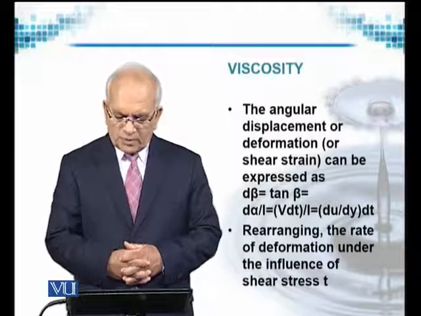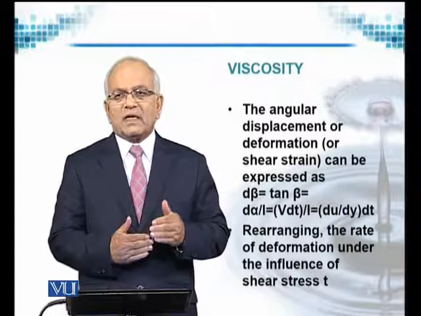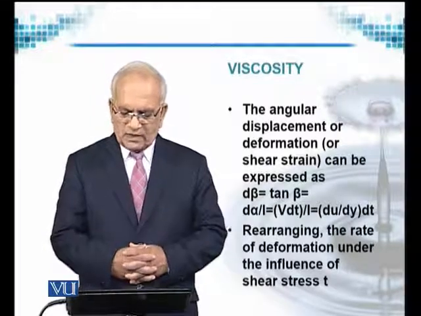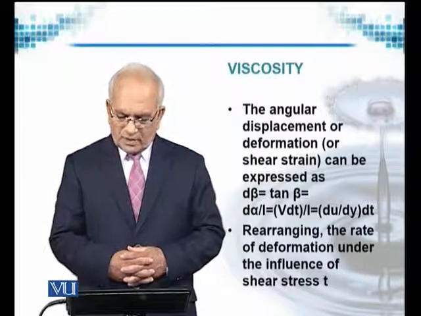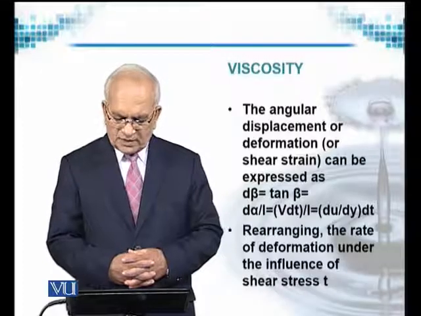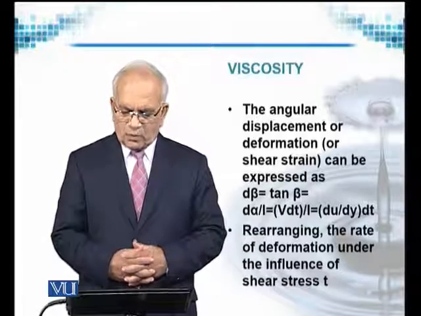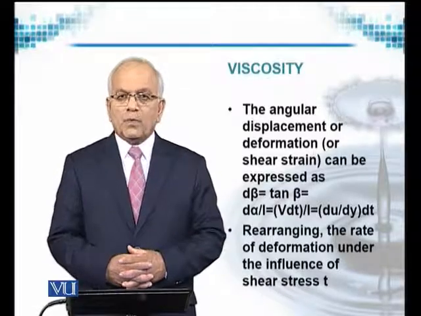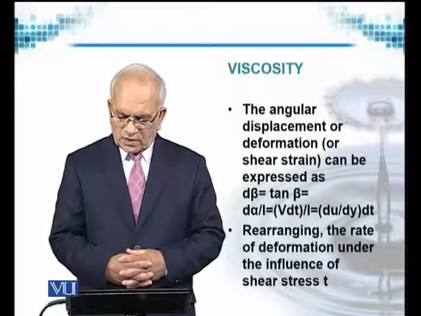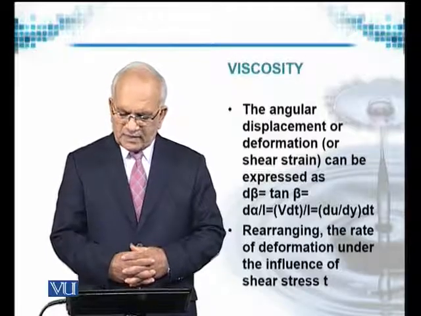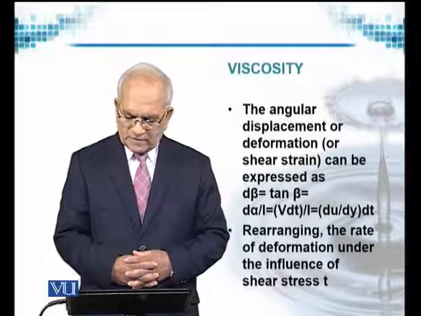The angular displacement or deformation, and sometimes this is also known as shear strain, can be expressed by d beta is equal to tan beta, that is equal to d alpha by L, equal to velocity into dt divided by L. So d alpha is replaced by v dt, and that is equal to du by dy times dt.